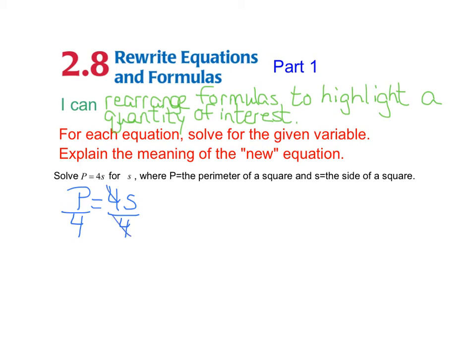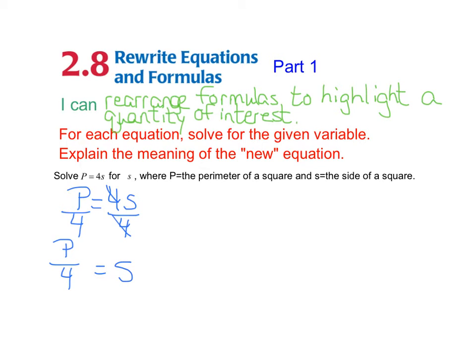Now, these 4's cancel, and we get S equals P over 4. Look weird? Yes. Have we isolated S? Yes. That was our goal, to isolate S since that's what they told us to solve for. Once you get some practice, that part won't be so bad.